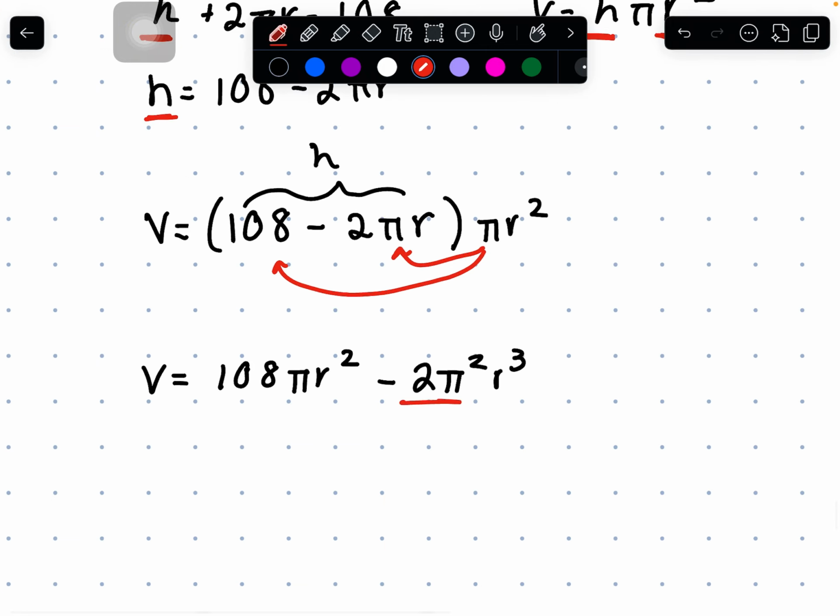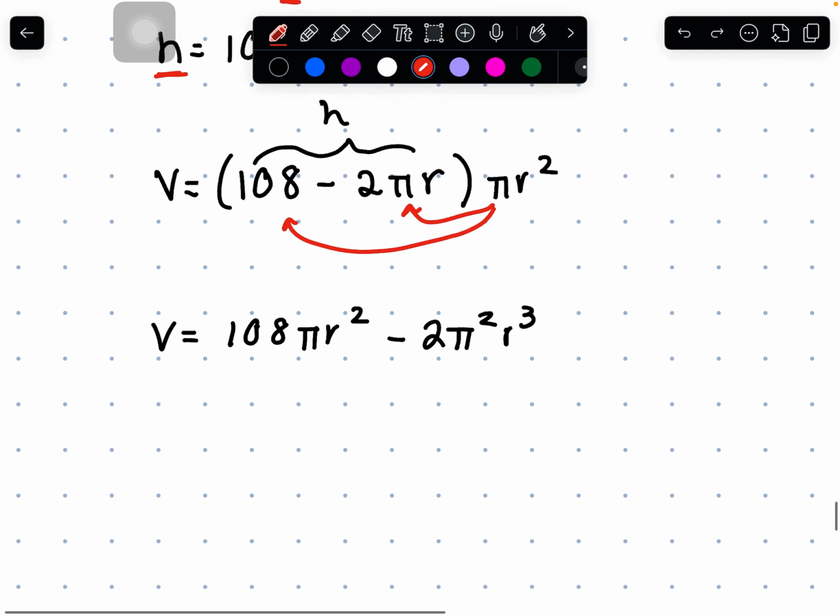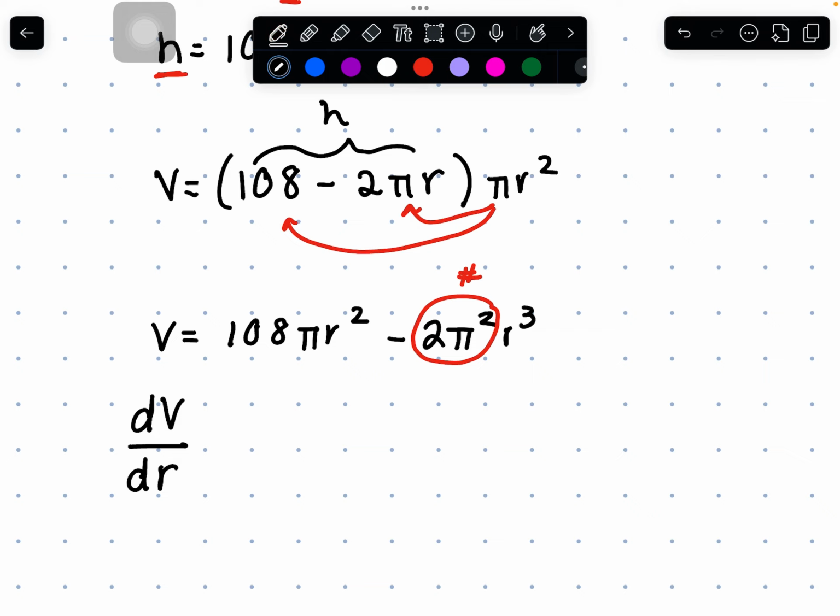Remember, this is just a number. I can have pi squared. Don't think it's a variable. I know it's confusing because it looks like a variable, but it's just a number. Now I'm ready to take the derivative of v with respect to r. Remember, this is not r. This is a number.